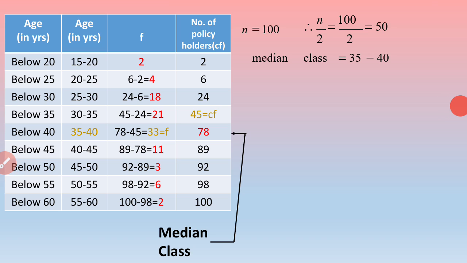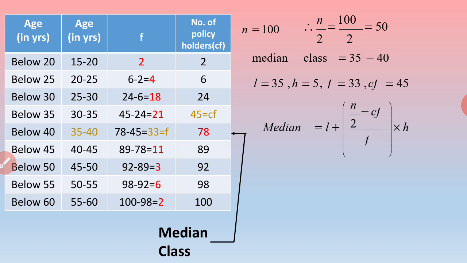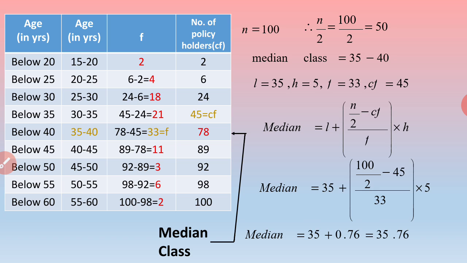Here the median class is 35 to 40. Frequency is 33, and the preceding cumulative frequency is 45. Now note down the formula and put the values. After substitution, you get the median as 35.76. So this is the median of the ages.